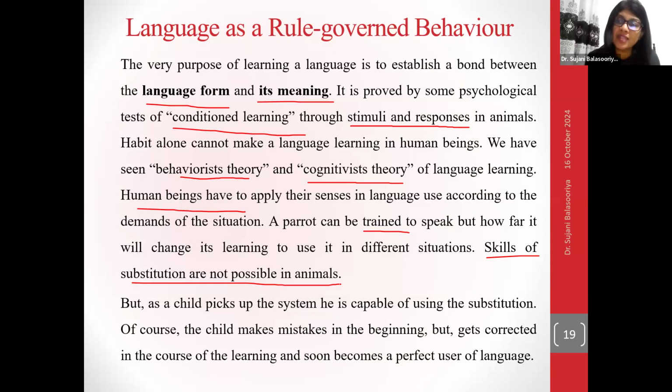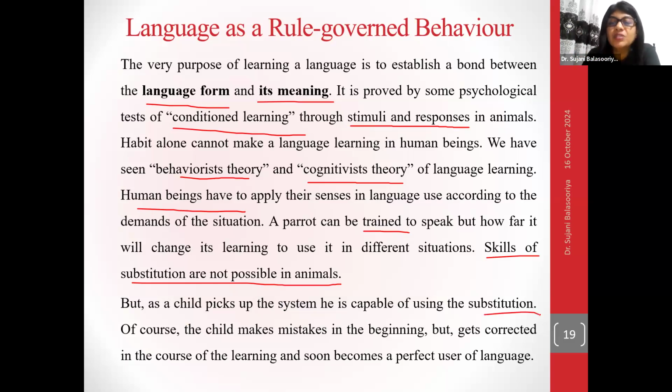They can't substitute. So that itself shows us that animals are not competent. They can't use language by comprehension. They can't comprehend and use language. That is in direct contrast to humans' use of language. Now, when you compare the animal situation with the human child, the child picks up the system and is capable of using substitution.